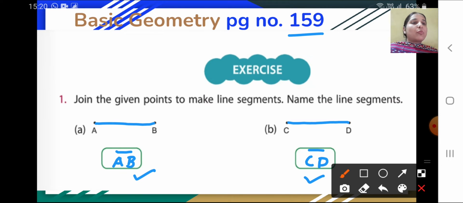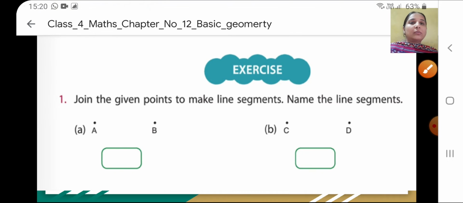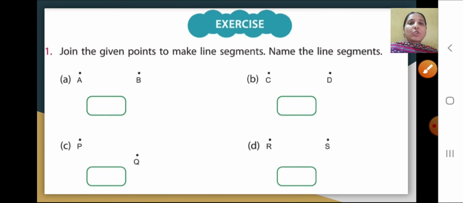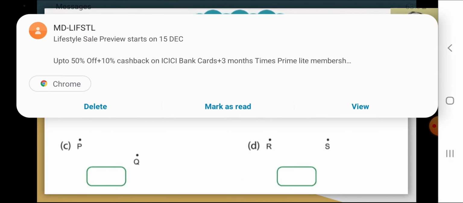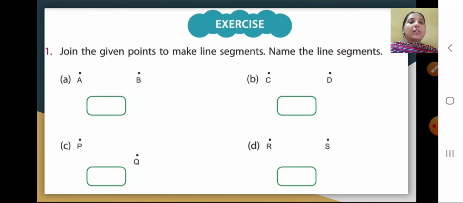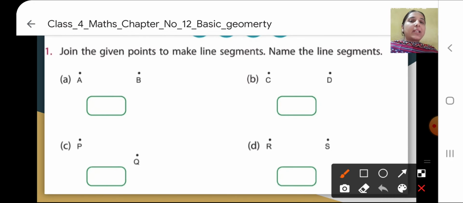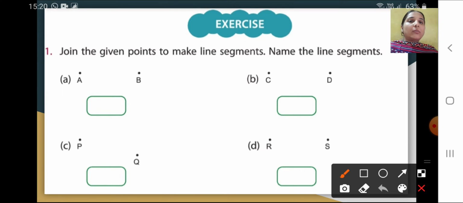Now let's move to the next question, that is number C. A and B we have already done. So now let's see question number C, where we have to join point P to point Q. So again with the help of your ruler and pencil, we will join this point P to point Q. Okay.